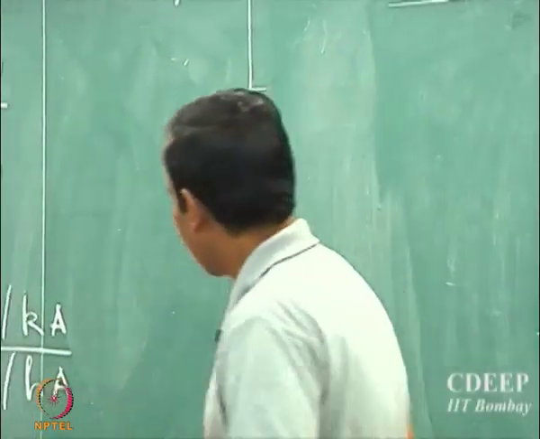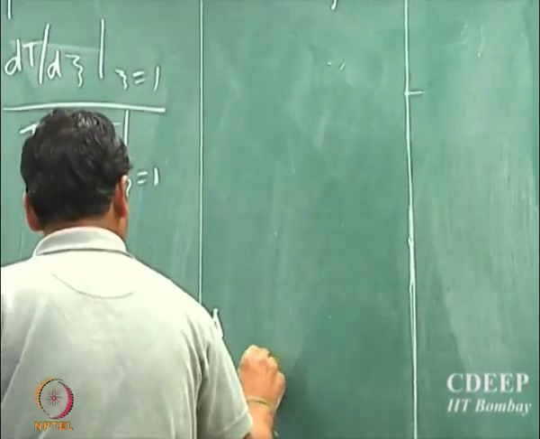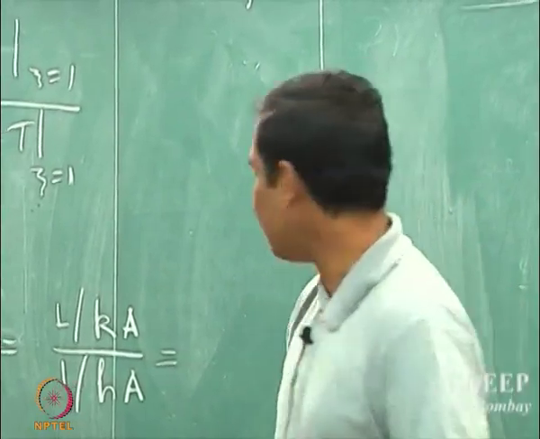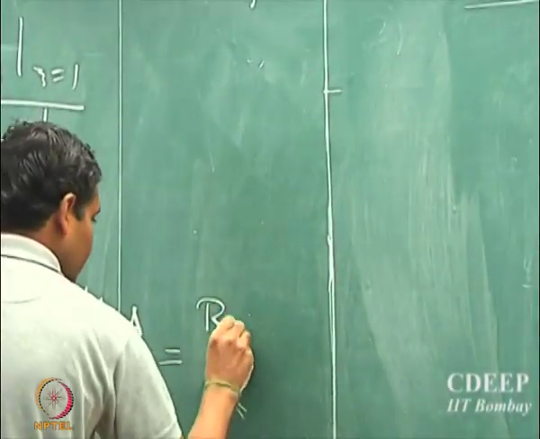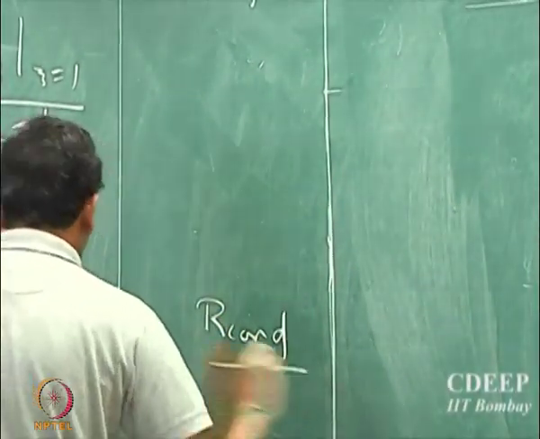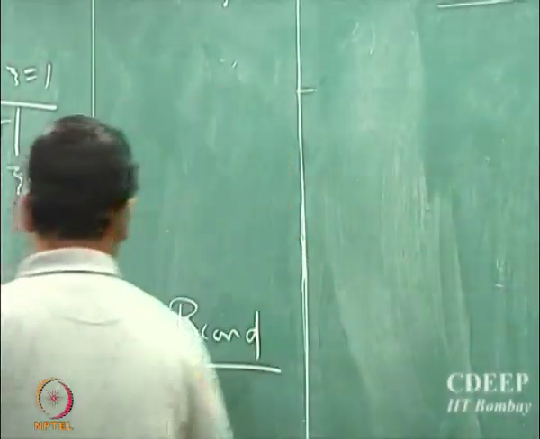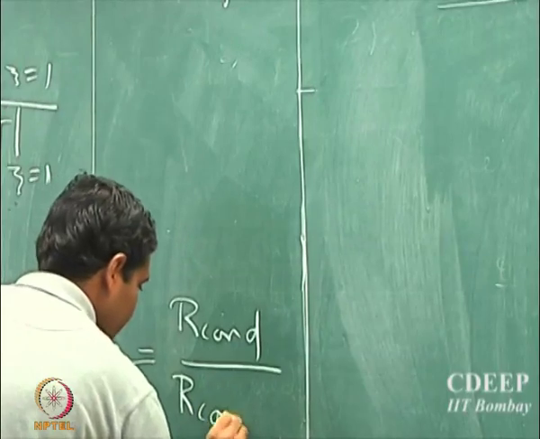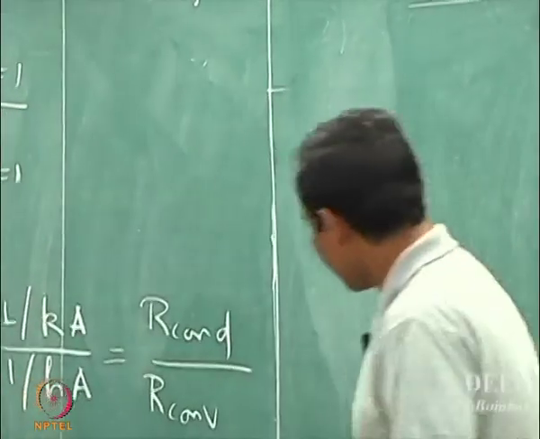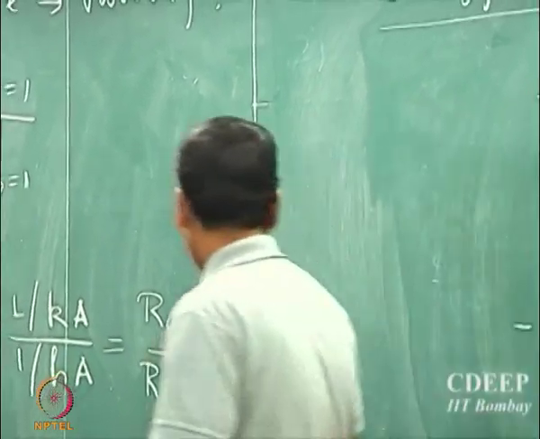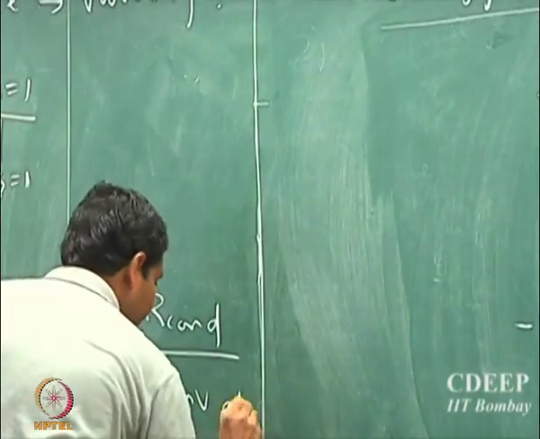Okay. What is L by kA? It's the resistance for conduction. And what is 1 by hA? It's the resistance for convection, right? So it's important to qualify the resistance for convection, saying that it's the resistance for convection at the boundary.